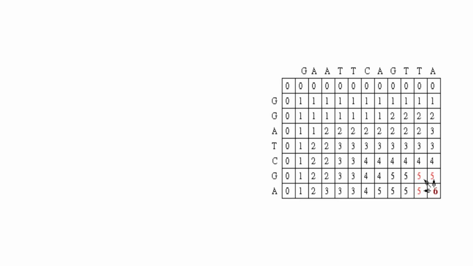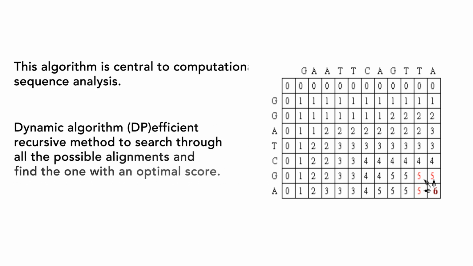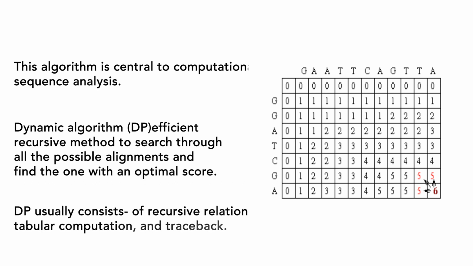The second method is dynamic programming algorithms. This algorithm is central to computational sequence analysis. The dynamic programming algorithm is an efficient recursive method to search through all the possible alignments and find the one with an optimal score. Dynamic programming algorithms usually consist of a recursive relation, tabular computation and traceback.